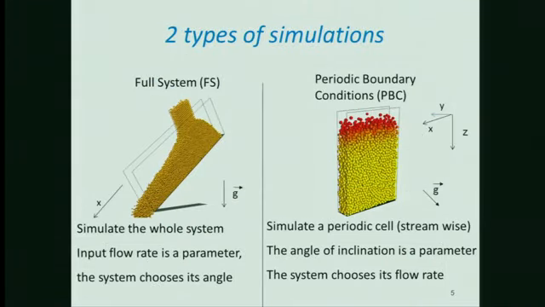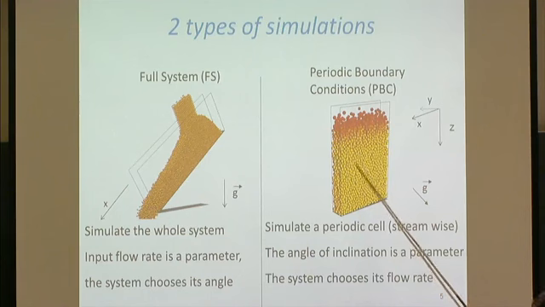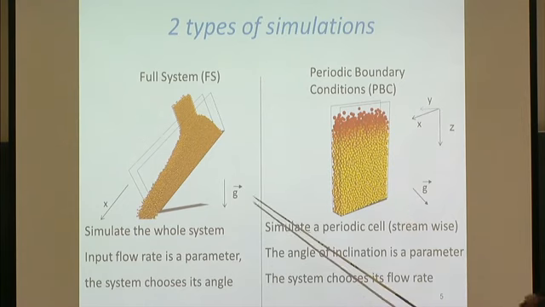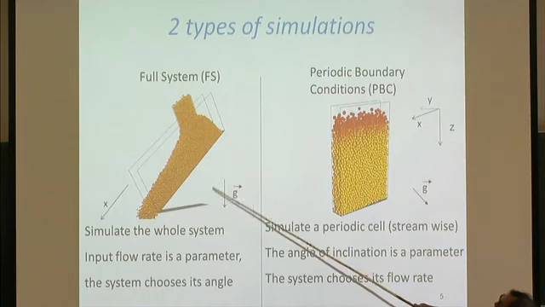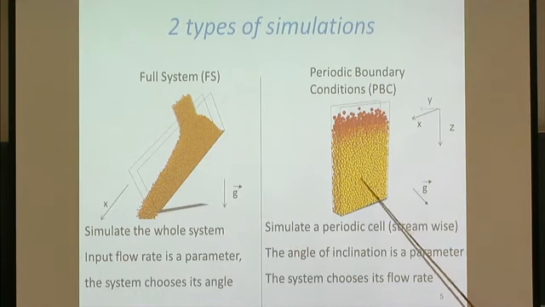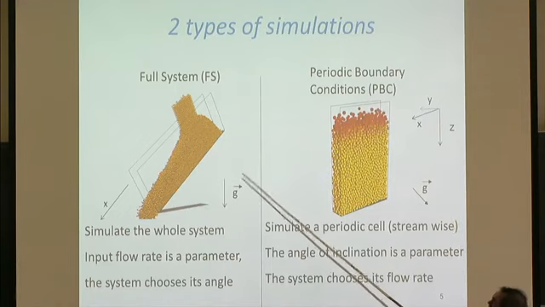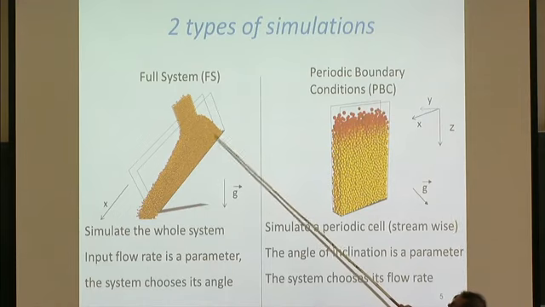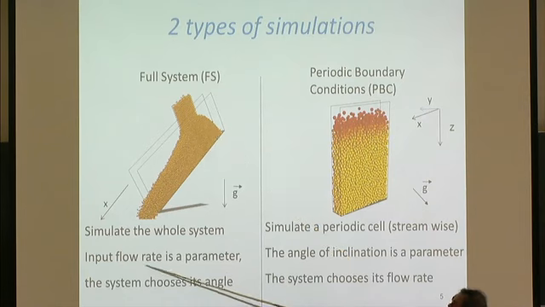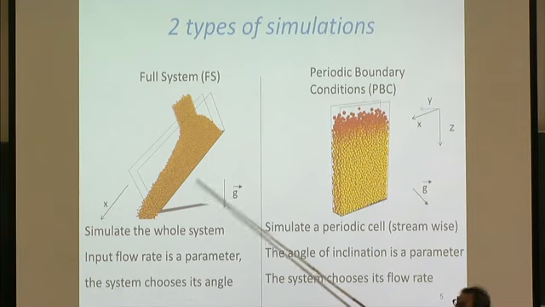We developed two kinds of simulations: a full system simulation and a simulation with periodic boundary conditions in the direction of the flow. The full system is generally more time consuming, so it is generally easier to do it this way, but we checked that it gives the same result. Here the input parameter you choose is the flow rate, and the system chooses the angle itself, like in the experiment.